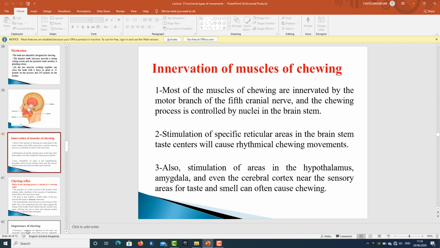Now, the nerve supply or the innervation of the muscles of chewing, the muscles of mastication. Most of the muscles of chewing are innervated by the motor branch of the fifth cranial nerve, and the chewing process is controlled by the nuclei in the brain stem. The stimulation of specific reticular areas in the brainstem's taste centers will cause rhythmical chewing movements.